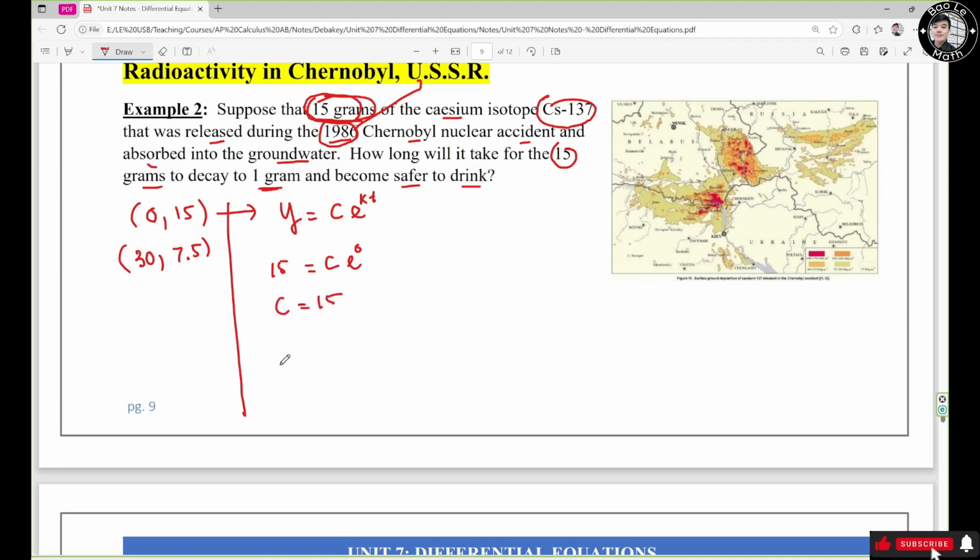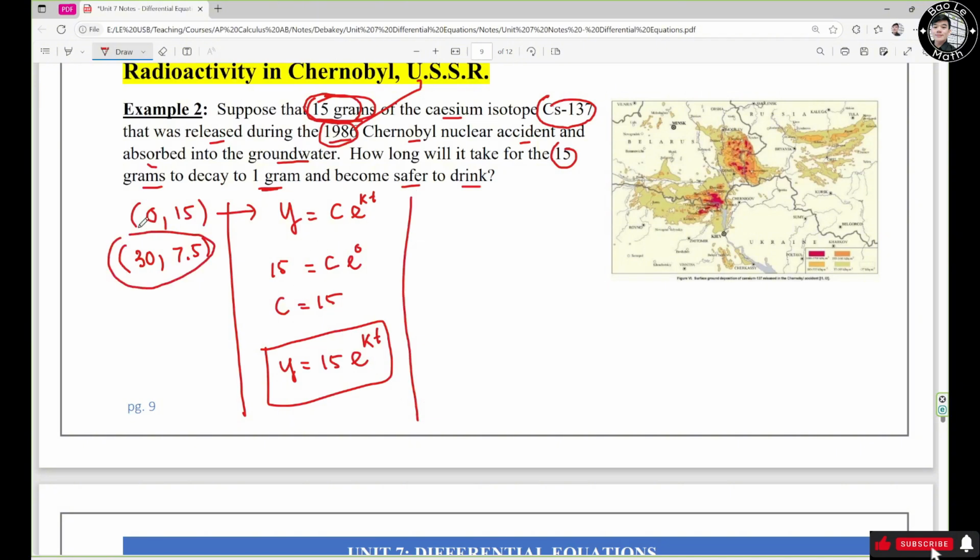So you have the equation y equals 15 times e raised to the k times t. Now I need to use this ordered pair (30, 7.5) to solve for k, so I substitute it over here. So I have 7.5 equals 15 times e raised to the 30k.